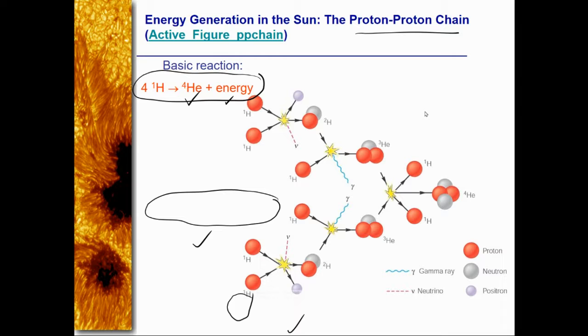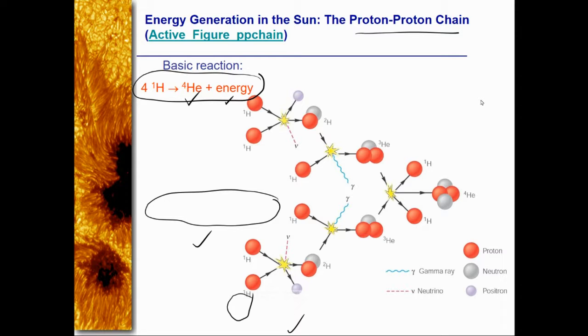Now, when we talk about hydrogen, hydrogen is the lightest element, or the smallest element. And hydrogen has a nucleus, and inside the nucleus, you have one proton. So you have to remember that. In hydrogen, inside the nucleus, you don't have a neutron.